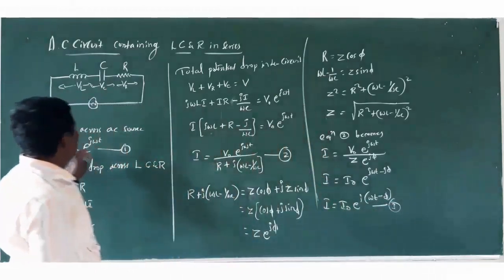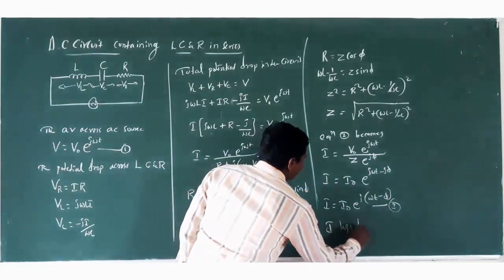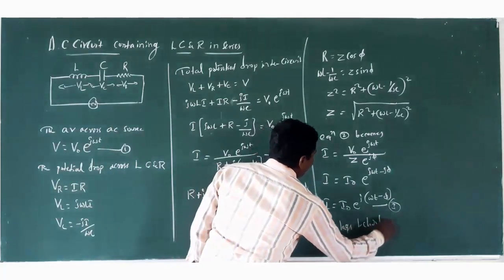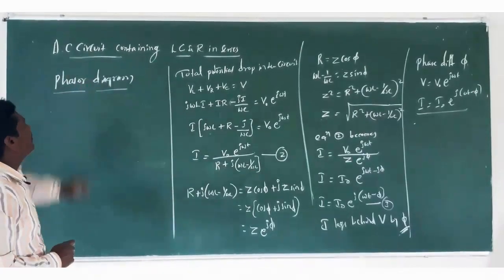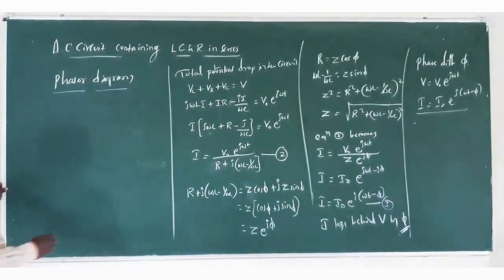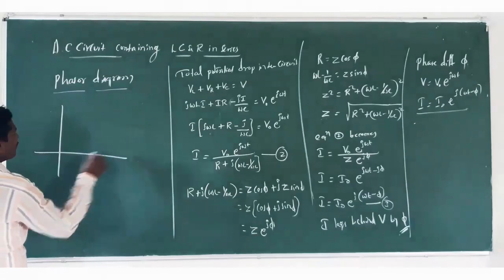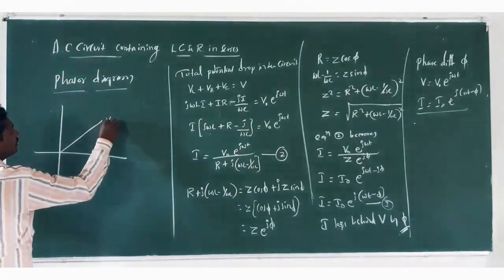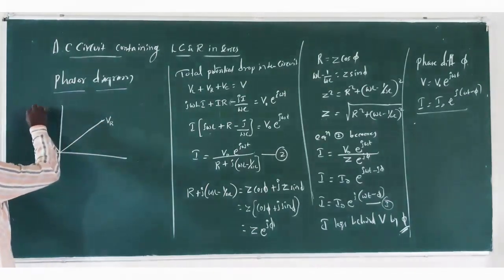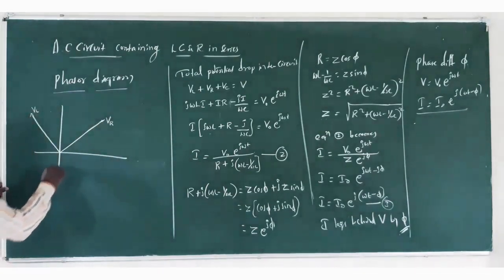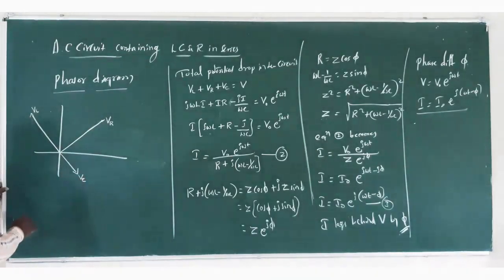If we compare equation 1 and equation 3, I lags behind the voltage by a phase angle phi. So if you observe the phasor diagram for an AC circuit containing inductance, capacitance and resistance in series, let us consider VR is the voltage across the resistor, VL the voltage across the inductor and VC the voltage across the capacitor.